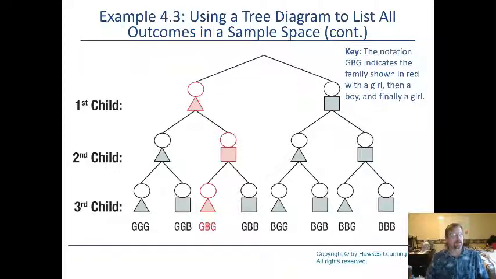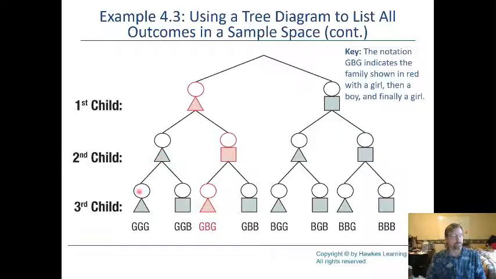Okay, so the family shown in red is there to highlight what the notation is. The shape, triangle for girl, square for boy, denotes the gender. So the first child could be a girl or a boy. If the first child's a girl, then the second child could be either a girl or a boy. Same if the first child was a boy.